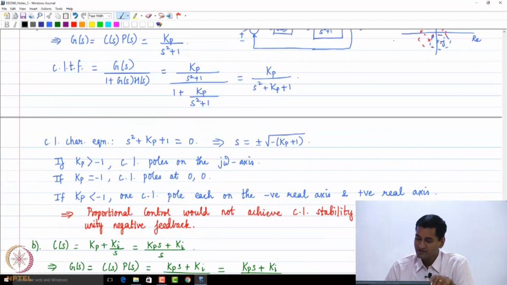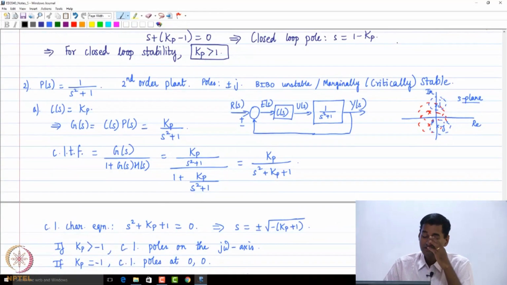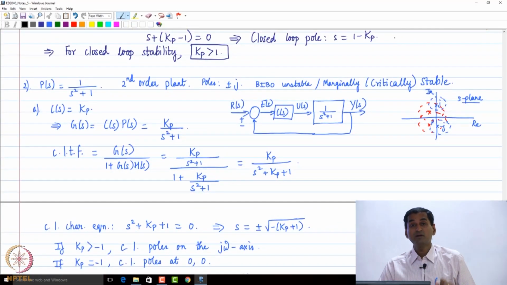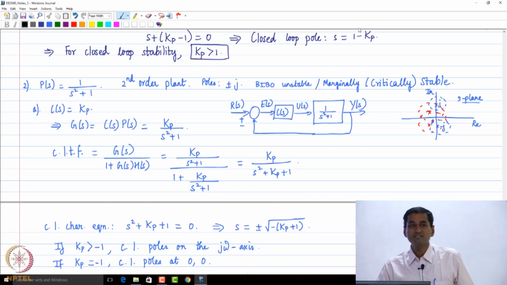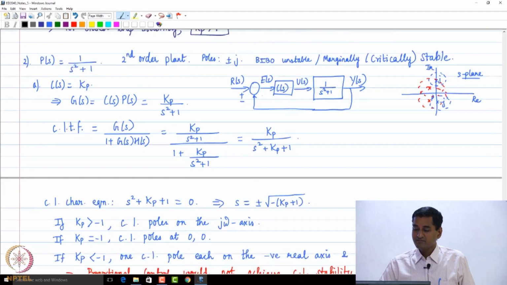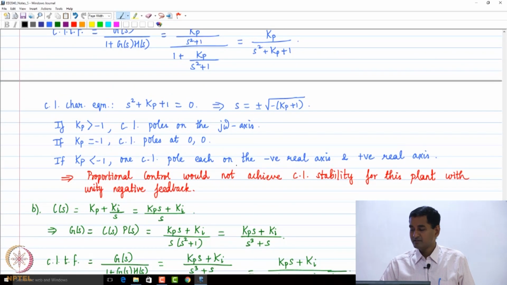I gave you a problem to do for the plant transfer function being 1 by s squared plus 1. We saw that it has a couple of poles on the imaginary axis at plus or minus j. So obviously, as we know, if we give an input like cos t or sin t, the output is going to become unbounded. So we wanted to design a unity negative feedback system, and we tried the proportional controller, and the proportional controller couldn't help us there.